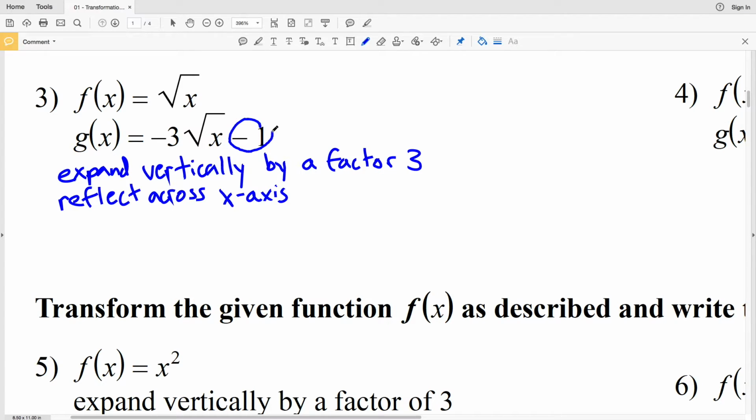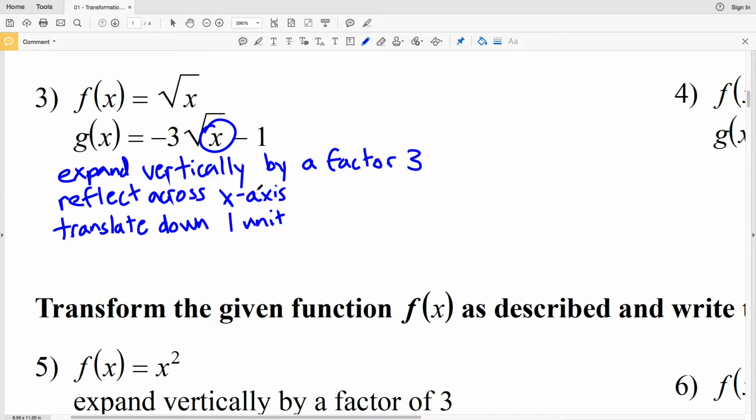And now, lastly, we'll take care of this minus 1 for g of x. Subtracting a number from a function will move it down. Adding a number to the function will move it up. So because we're taking away 1, we're translating that function f of x down 1 unit.